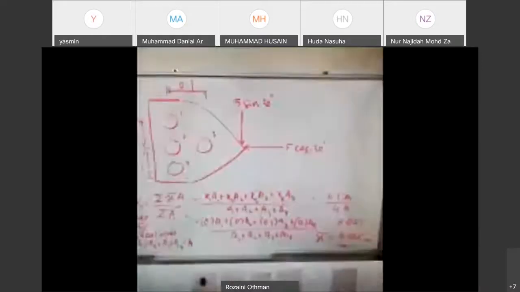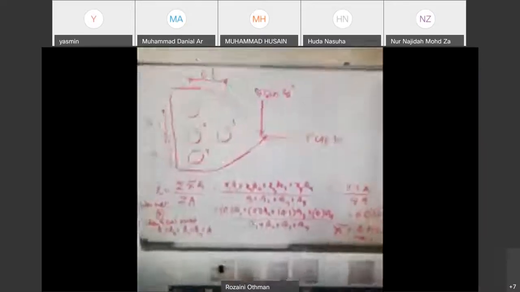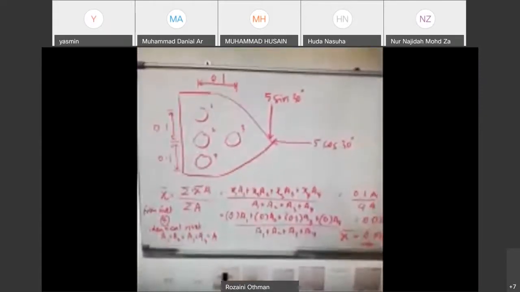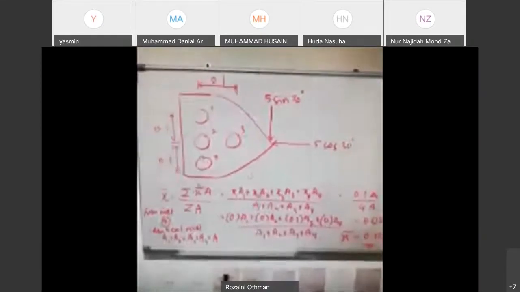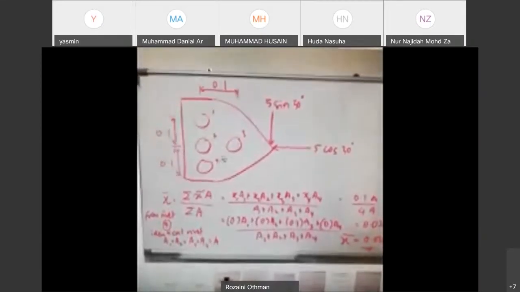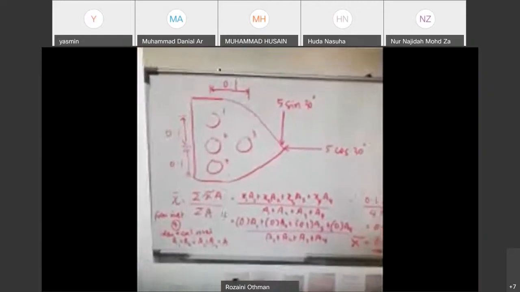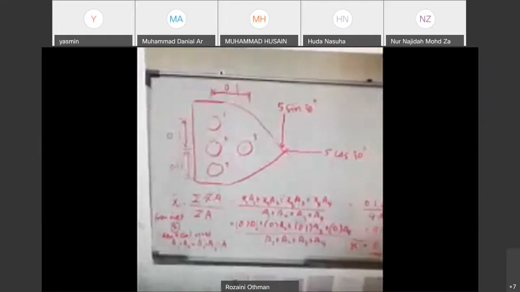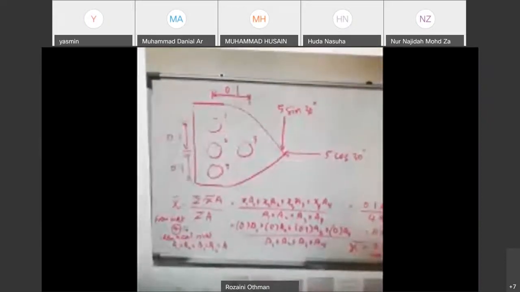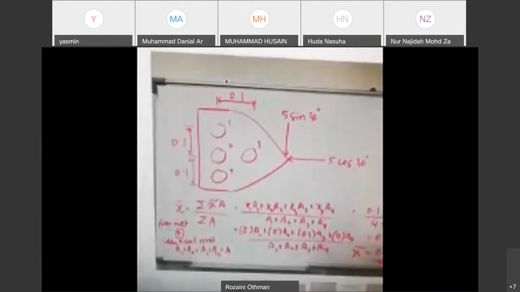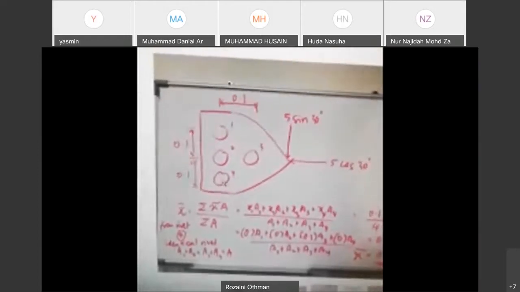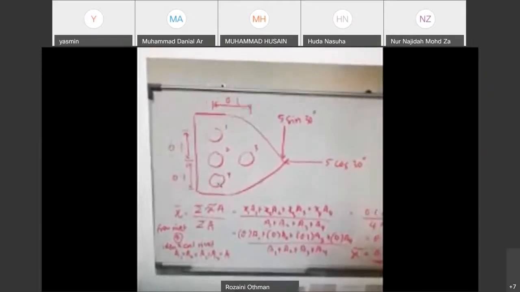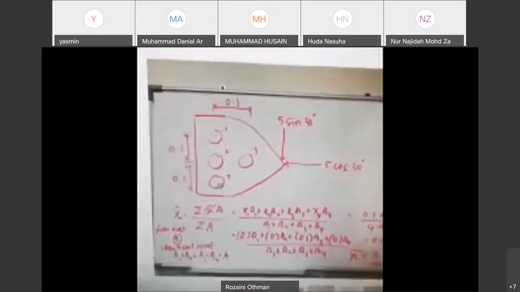And then, all right. So this is the bracket and also rivets 1, 2, 3, and 4. Okay. Right. So in this case, we need to determine the centroid from rivet number 4. So our reference is rivet number 4. So this is rivet number 4.